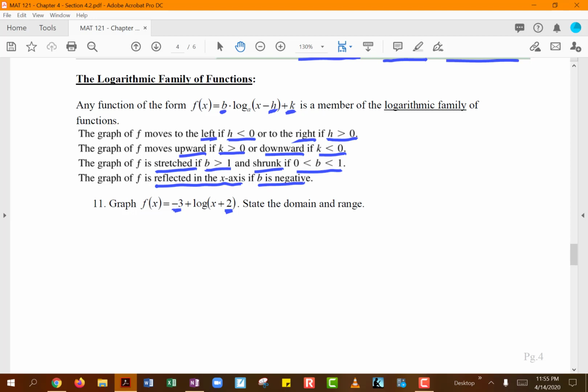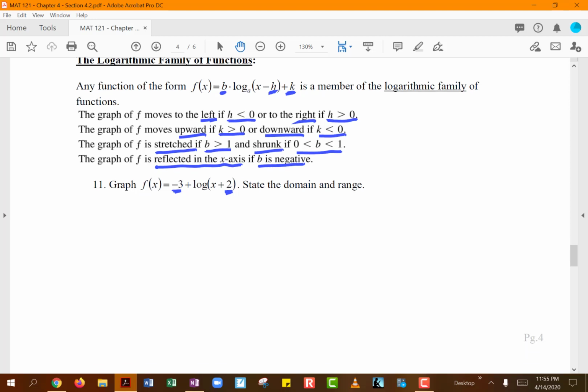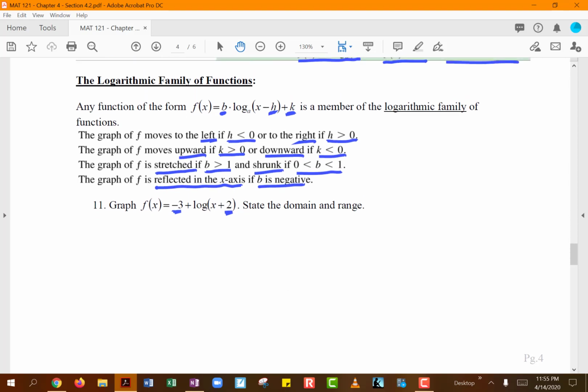So the one thing you should notice here as you are going through this, you have -3 plus log of (x plus 2). Now this x plus 2 inside the parentheses is definitely coming from your x minus h here. So the x plus 2 is actually telling you it's x minus -2. It's the two negatives which is making this a positive, right?